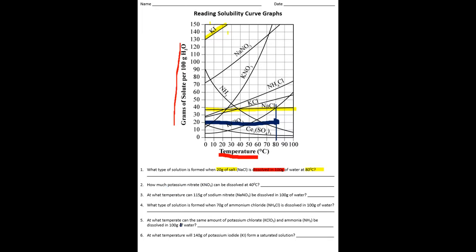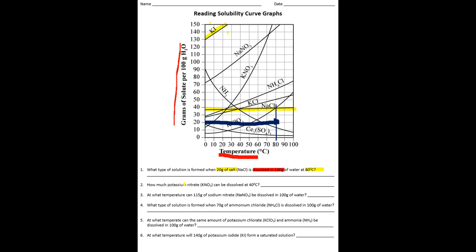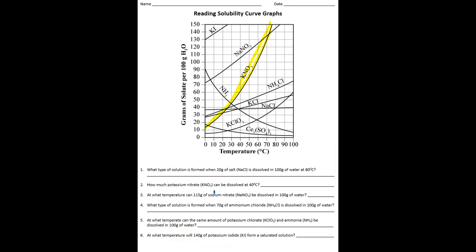All right, so your second question asked, how much potassium nitrate, the KNO3? So we want to find the KNO3. Let me get rid of this other stuff. Our KNO3 is right here. That's the line we're having the question about, and we're wanting 40 degrees Celsius.